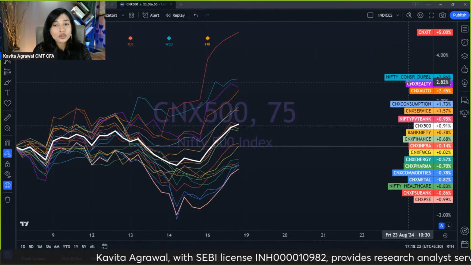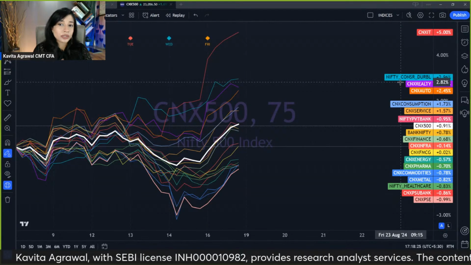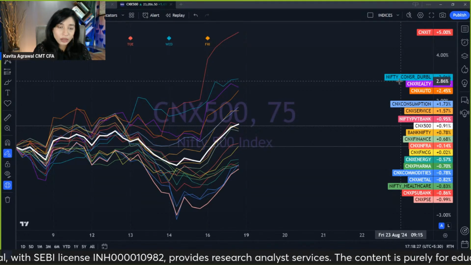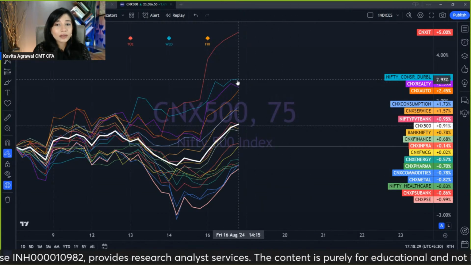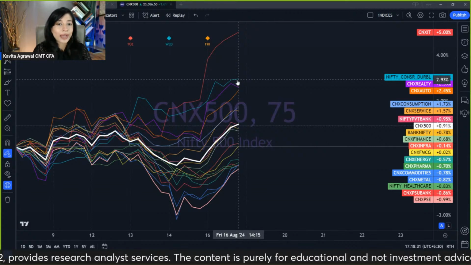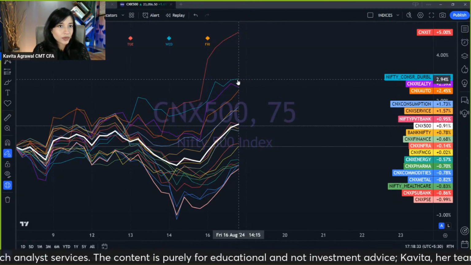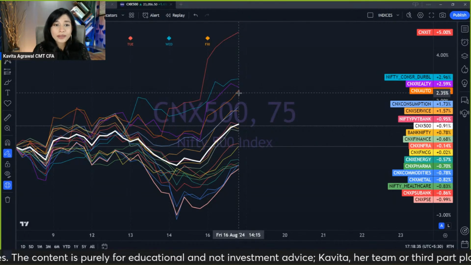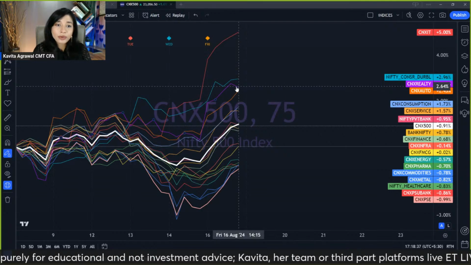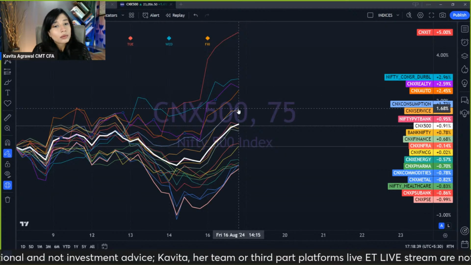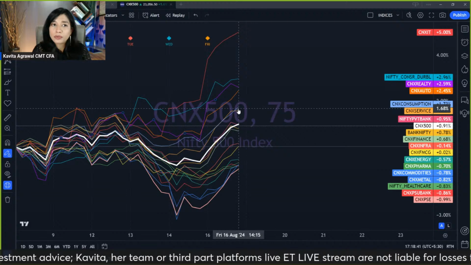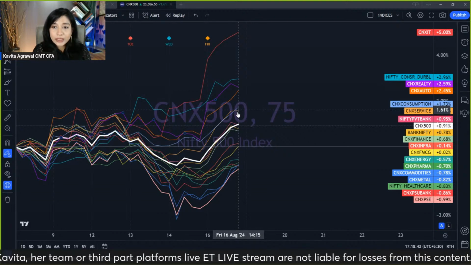Consumer durables, I would suggest you proceed with caution, because over there, consumer durables and FMCG both, I am not very convinced that they can give a reliable rally. Auto sector, I expect the momentum to continue. Realty sector, I think I would wait for another leg of correction before I would proceed.